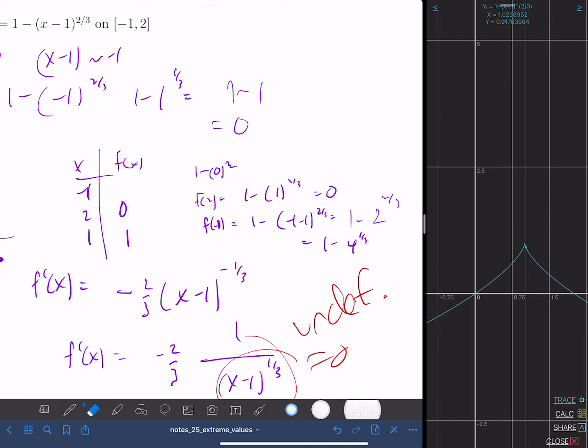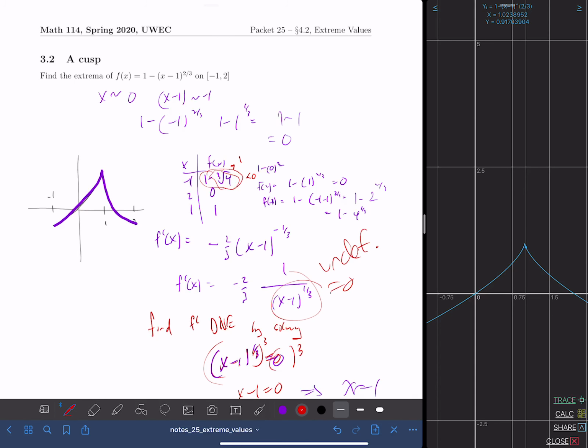So 1 minus the cube root of 4. The cube root of 4 is in fact bigger than 1, which means that this entire value here is less than 0.